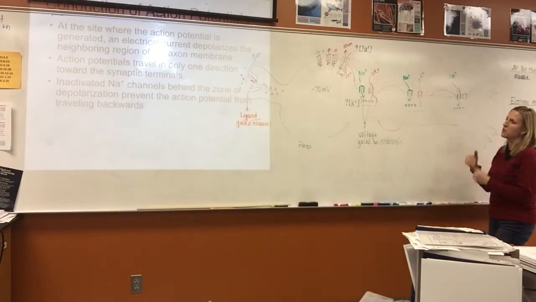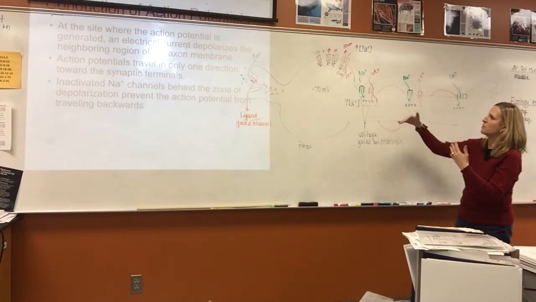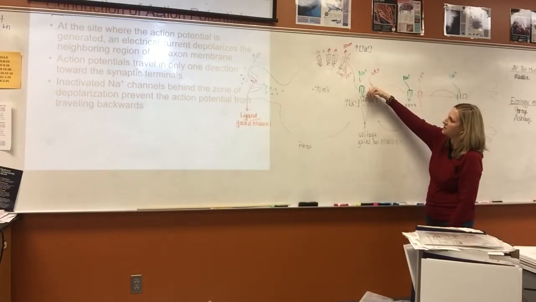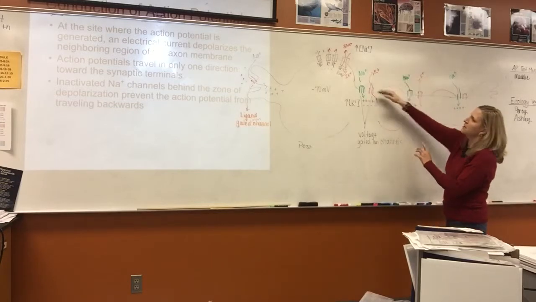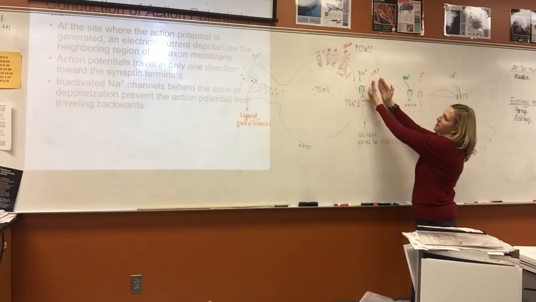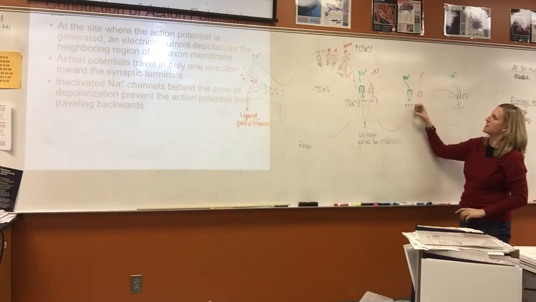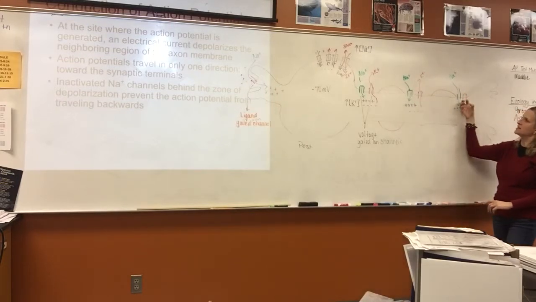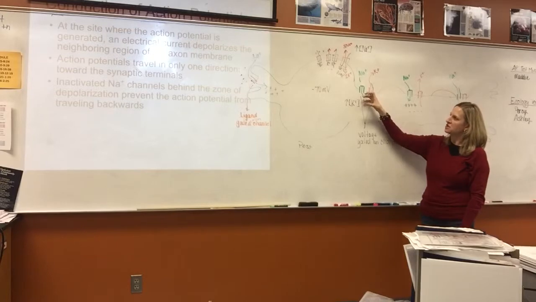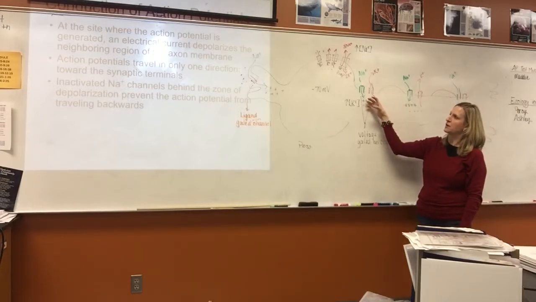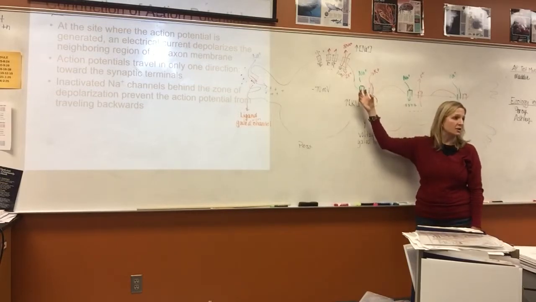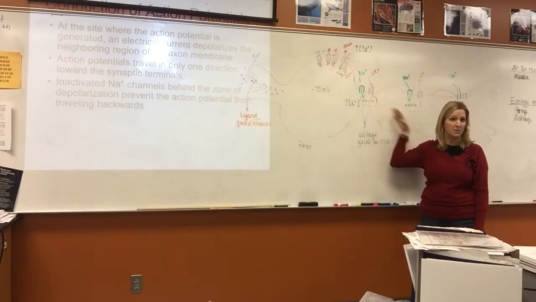There's a little bit more in depth, but there is an inactivation kind of gate that blocks the sodium channel. When I say the gates are shut, there's also an inactivation gate. When the sodium comes in here, it opens this gate, but when the sodium comes over here, it can't reactivate the sodium channel and cause more sodium to come in this way.